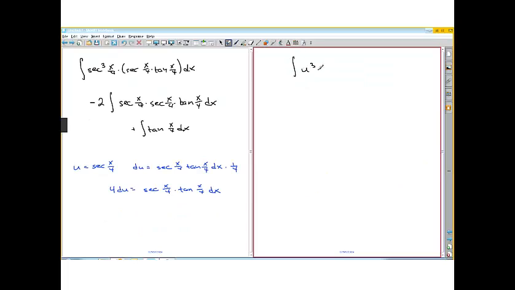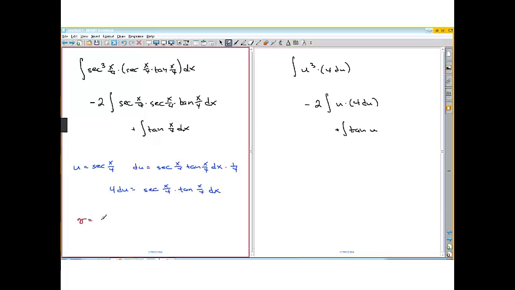So the first integral will become u cubed times 4 du. The second integral will be negative 2 times the integral of u times 4 du. And then the final one is the integral of the tangent of u. So let's do that second part.